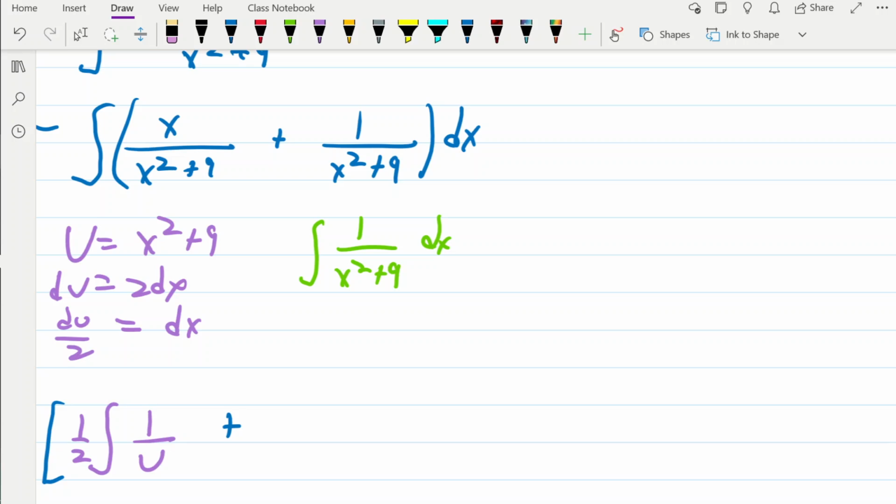Because that is 3 tangent inverse of x, or I don't think, wait, no, that doesn't make sense because you can't just pull that out from the front.